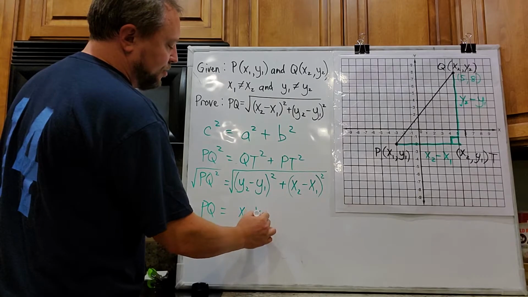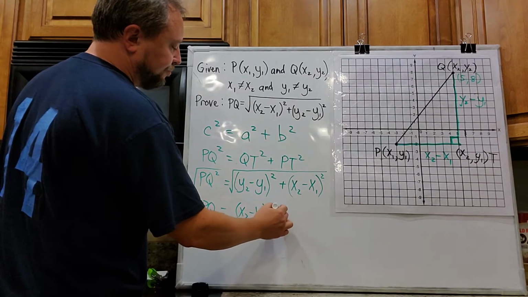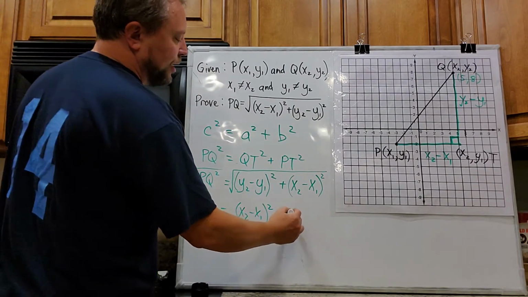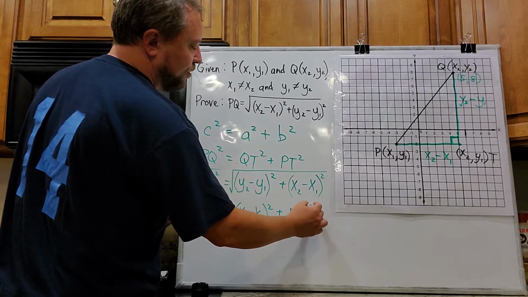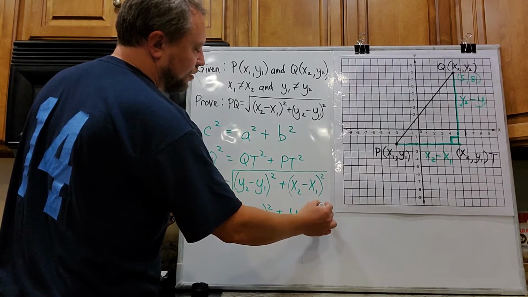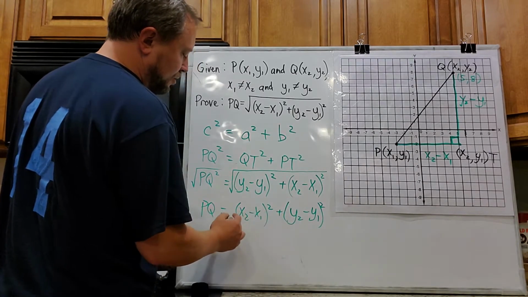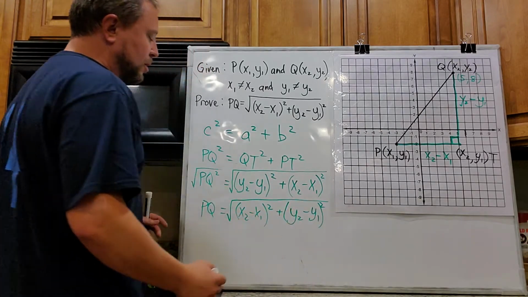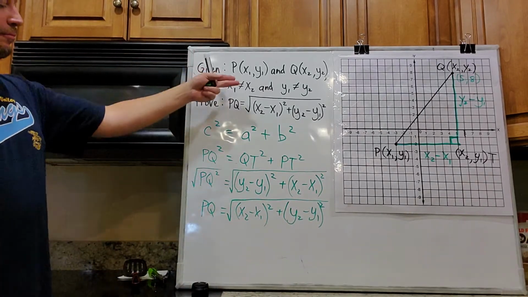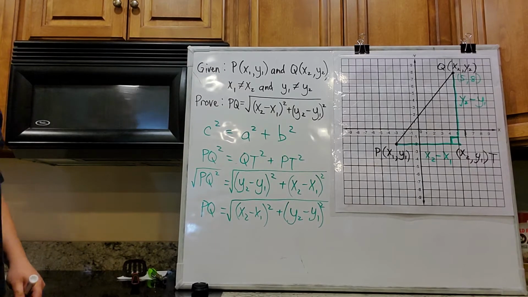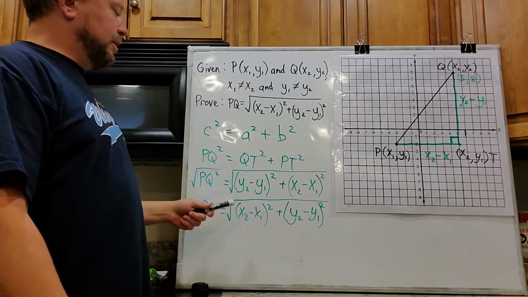X2 minus X1 and Y2 minus Y1 over here, and the whole thing square rooted. And so there you have it. See, there's a coordinate proof of the distance formula.